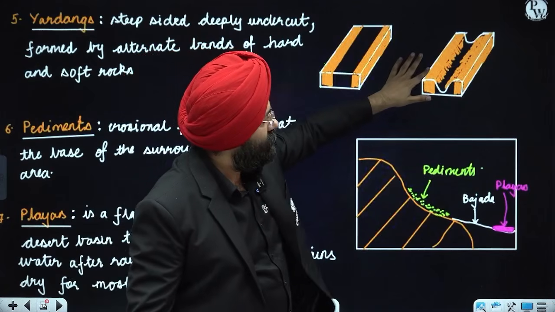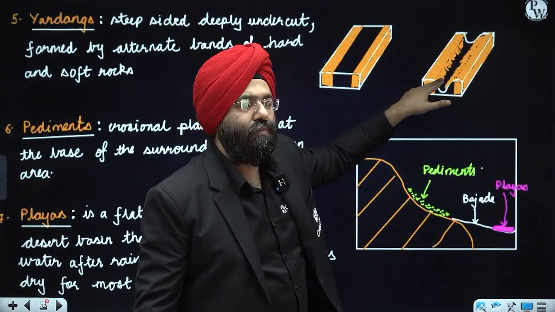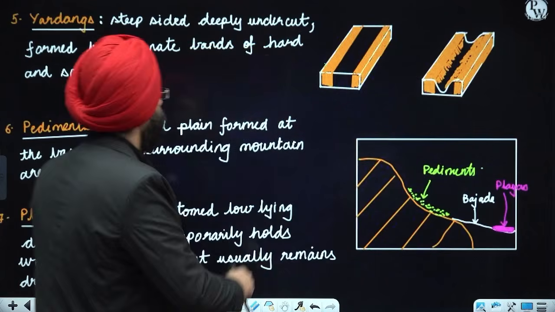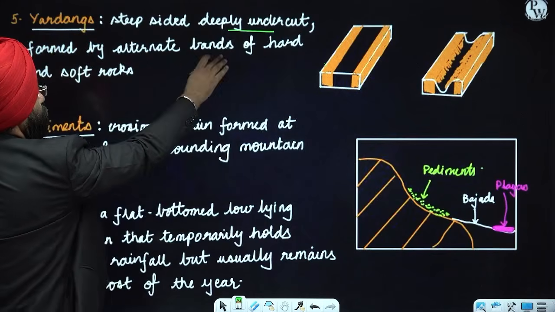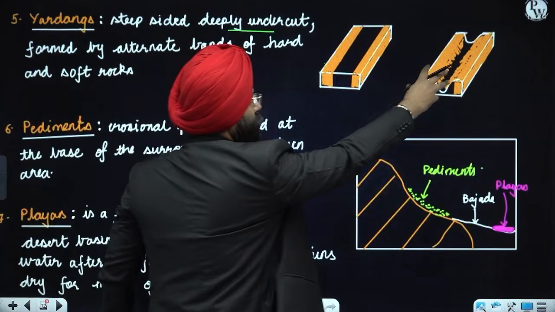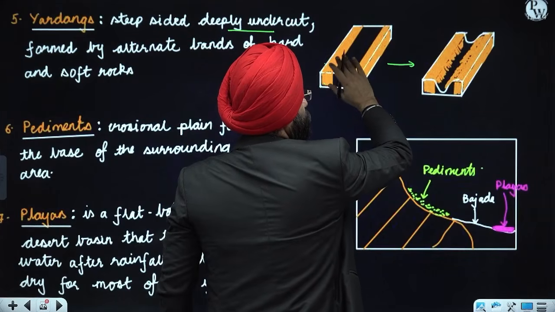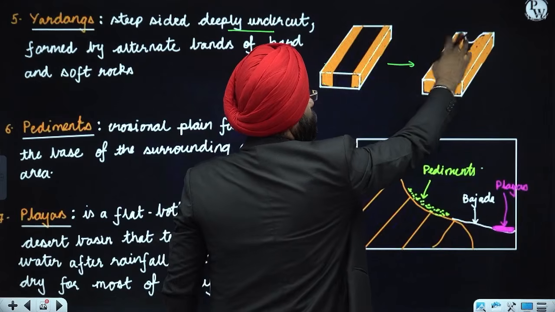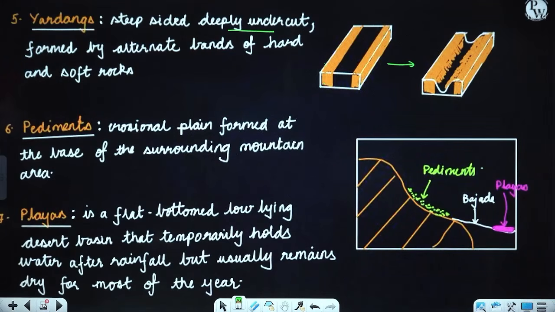So a depression-like structure will be formed because of the softer rock being eroded by the winds. So, steep sided, deeply undercut, formed by alternate bands of hard and soft rock. This was the initial surface that was there. This was eroded, and this erosion resulted in this structure. Clear? Copy it down.